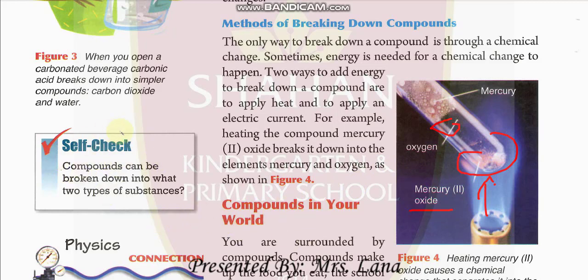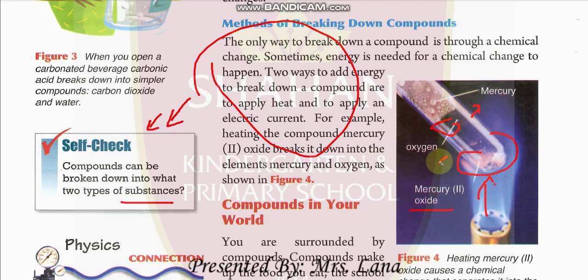In the self-check, please solve it and I will ask you in the meeting: a compound can be broken down into what two types of substance? When the mercury oxide is exposed to the heat, it breaks down into mercury and oxygen.